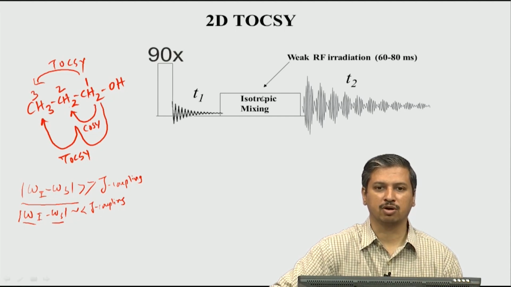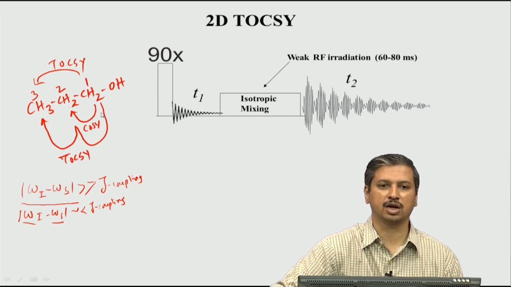When strong coupling happens, the spins start interacting with remotely coupled spins, even though they are not directly coupled, because of the intermediate hydrogens. So, for example, in this case hydrogen 1 shows interaction with 3, not directly, but through the intermediate hydrogen atom 2.